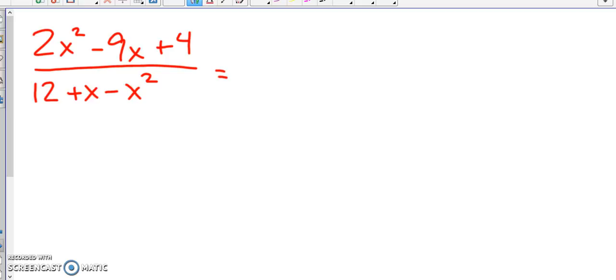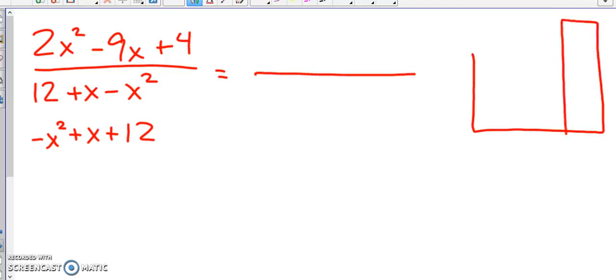Now, notice that this bottom part is all kinds of backwards. I could rewrite this as negative x squared plus x plus 12, and I'll factor that in a minute. So for this top part, it might be helpful if I use the little factoring box.